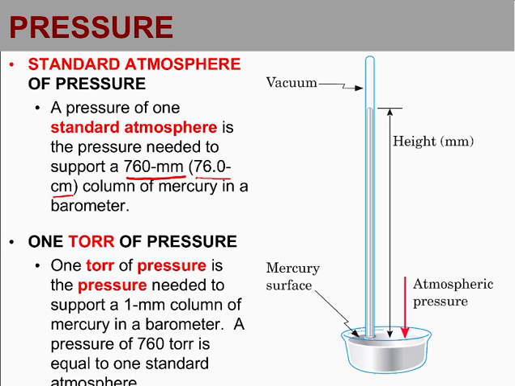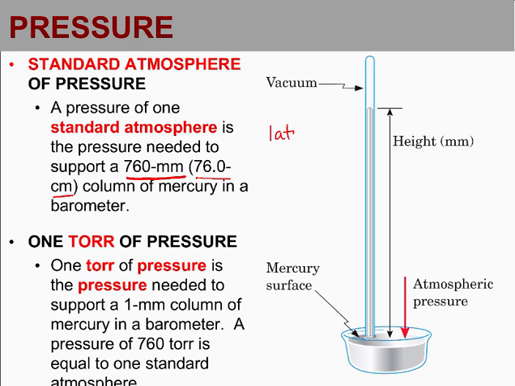And then 1 torr of pressure, so this is another type of unit for pressure. This is the pressure needed to support a 1 millimeter column of mercury in a barometer. So a pressure of 760 torr is equal to 1 standard atmosphere. So this is just another unit that we can use.